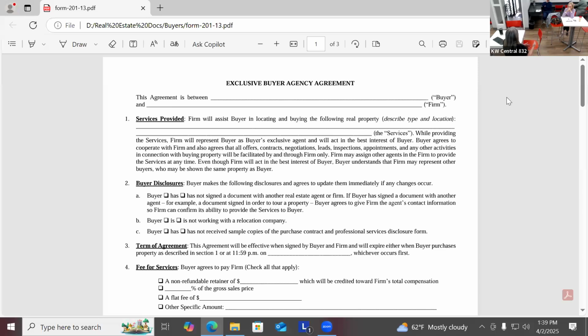Very rarely would you, but if you have said, I'm in a buyer agency agreement with you, I'm in a dual agency relationship with you, and I'm in a dual designated one, well, you can't now be a sub-agent with them.